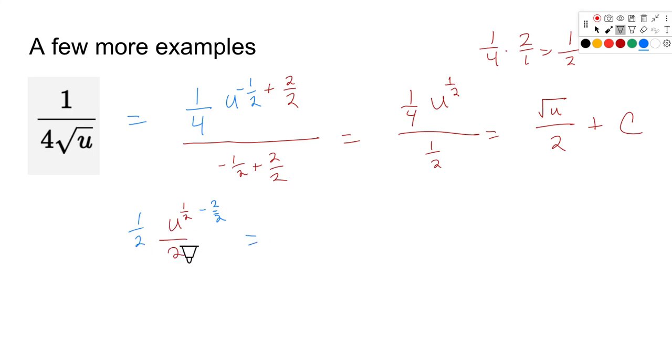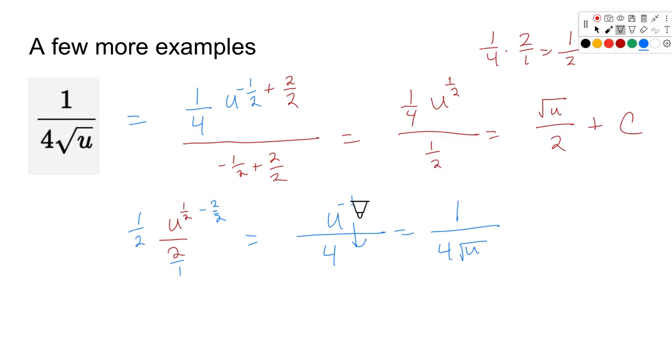So 1 over 2, think of this as 2 over 1, so if you invert it, you get 2 times 2, which is 4. This is going to give us u to the minus 1/2, which when I move it downstairs, there's a factor of 1 left upstairs, 4 square root of u in the bottom, and that's what I started with, okay?